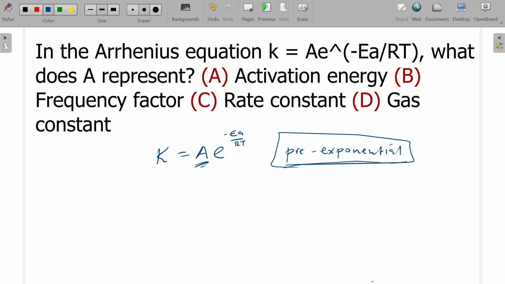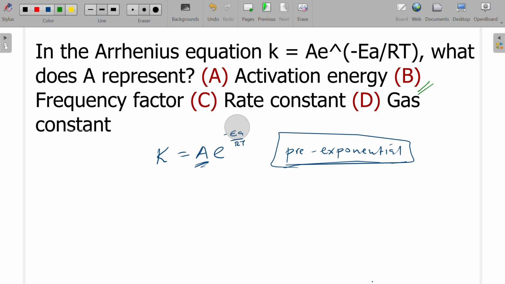If you see this one and you are looking for what A represents, this will be correct. If you see the frequency factor, that will still be correct. So according to what we have here, the correct answer is B. B is the one that is holding the frequency factor. So B becomes our answer automatically here.